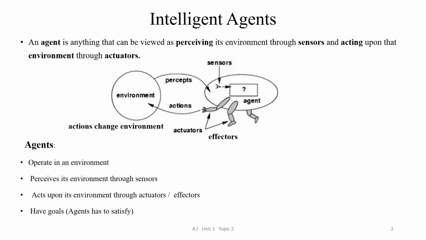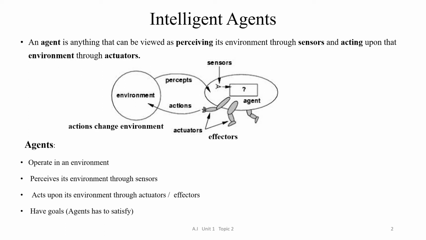Before going to artificial intelligence, we should know about two terminologies. One is agent, another one is environment. An agent can be a program or a machine which perceives the environment through sensors and acts upon the environment through actuators.